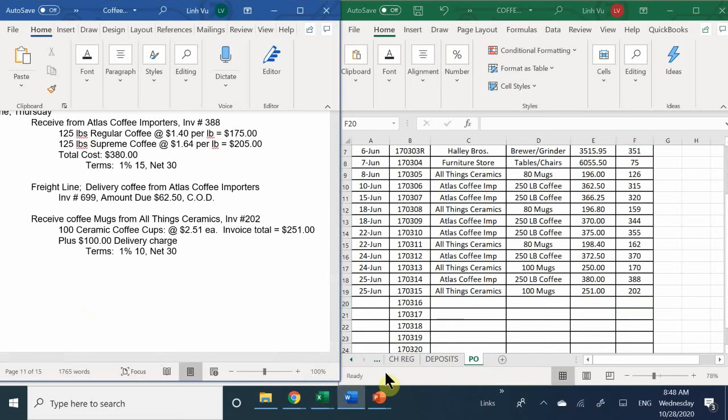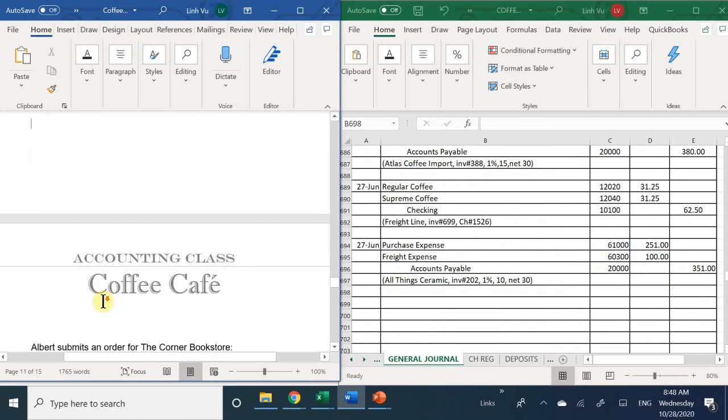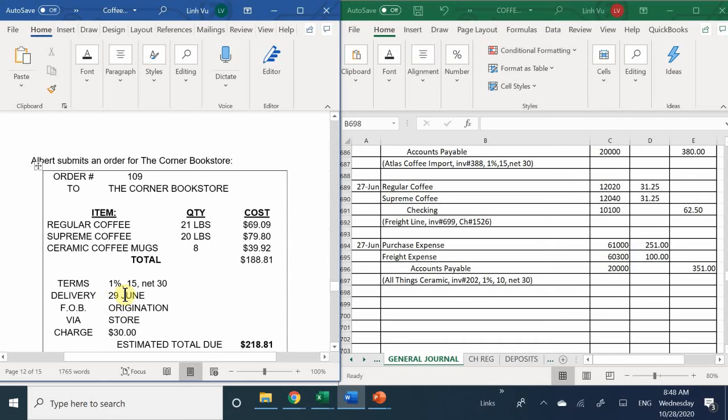All right. So then what has happened next? Albert submits an order to Corner Bookstore on a commission basis, so the external or subsidiary ledger is where we put the commission information of the order.